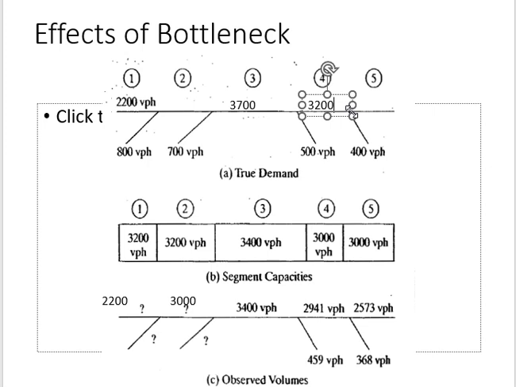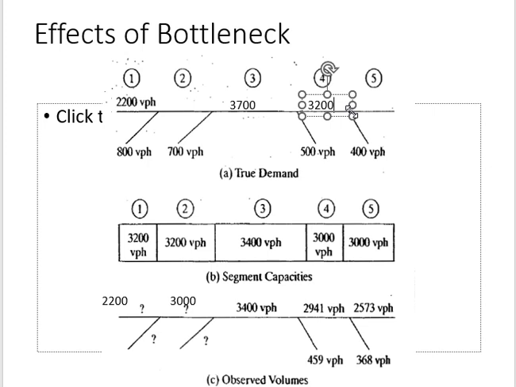So this 2941 is not because of these two numbers, 3,200 and 3,000. This 2941 is because of segment 3. Segment 3 is a breakdown, right? There's a breakdown, and because of the breakdown, some of the people are stuck. Actual was 3,700 and you have 3,400.